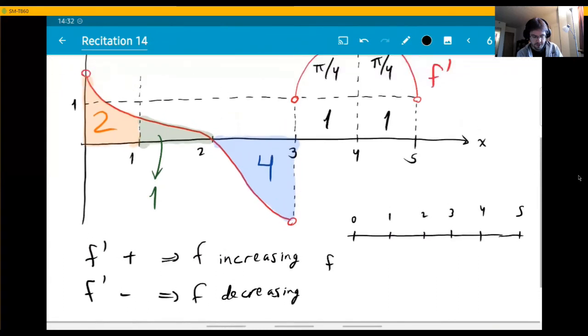Between 0 and 1 in here, f prime is positive, but it's also decreasing. So f should be increasing, but concave down. An increasing concave down function looks like this. And that's what you need to do for each one of these pieces.